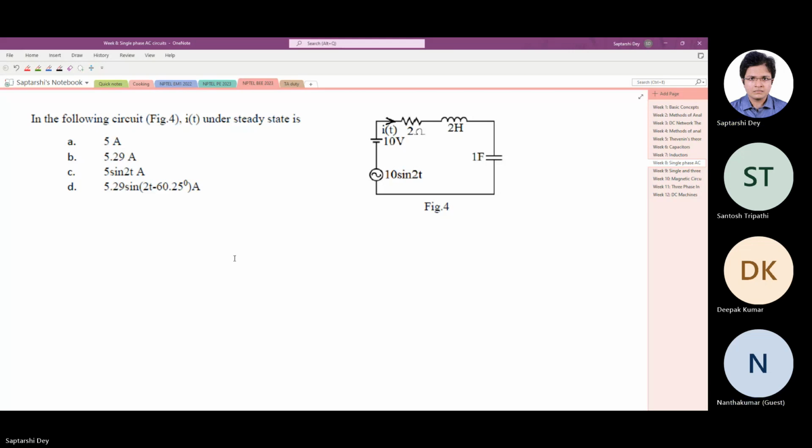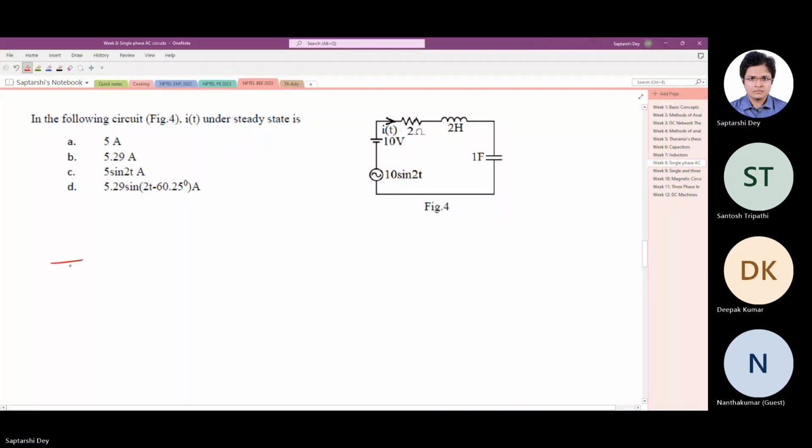Now we have R, L, and C in the circuit, which are linear elements. So we can apply the superposition theorem. We will consider the DC source only first, and then the AC source only. In both cases we will find the steady state current and add them, which will be the steady state current of the circuit.